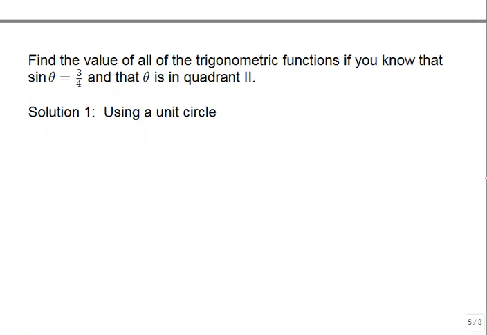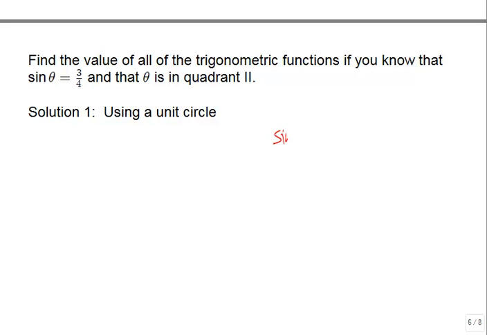Now the next couple of problems that we're going to do are pretty common types of problems that you'll want to know how to do. This first one says to find the value of all the trigonometric functions if you know that sine of theta is equal to 3/4, and we're told that theta is in quadrant 2. Now there's a couple ways to do this. We want to find all 6 trig functions.